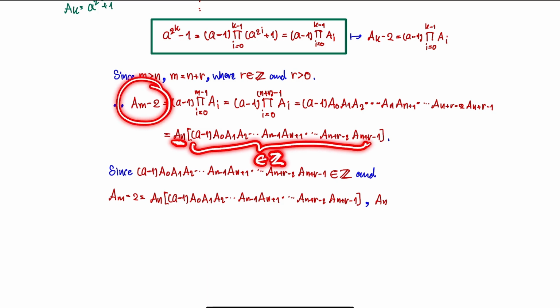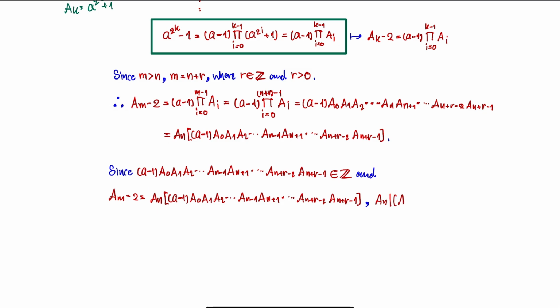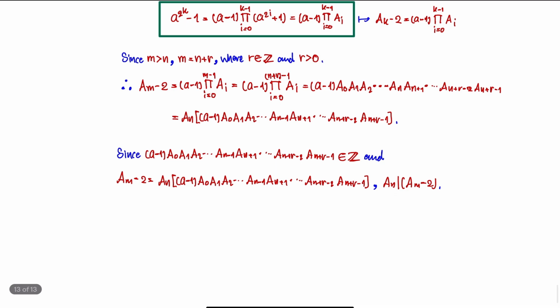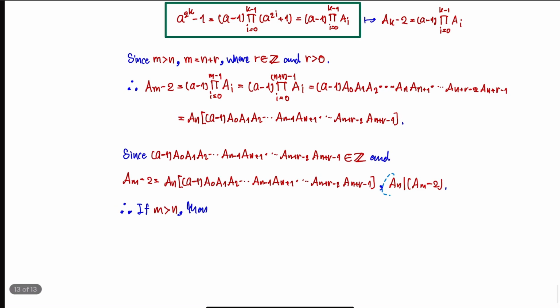So a_n divides a_m minus 2. We have shown that if m is greater than n, then we have this divisibility: a_n divides a_m minus 2. Okay, great. Then what next?